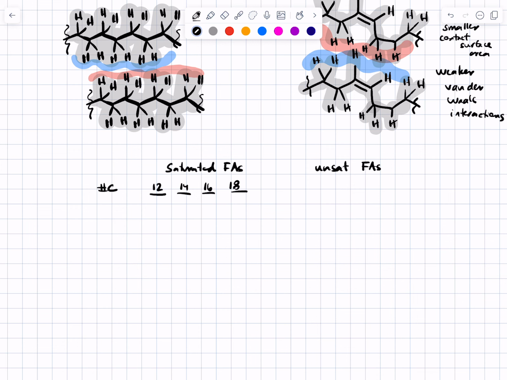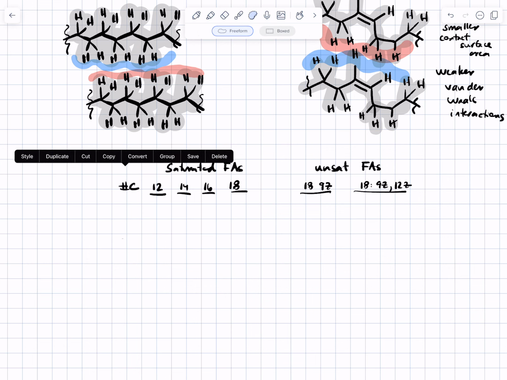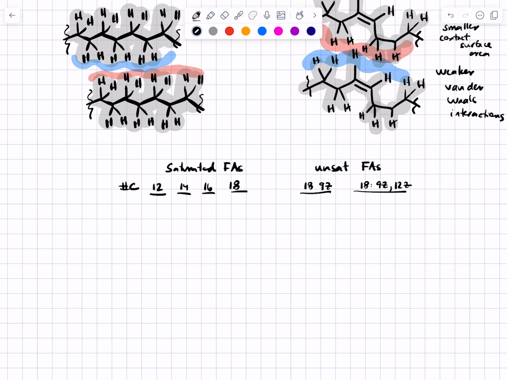For the unsaturated fatty acids, they're predominantly 18 carbons, either with the 9Z double bond or with the 9Z, 12Z, two double bonds. And I'm just going to put the percentage of each of these fatty acids in different kinds of oil and fat. So lard is animal fat.